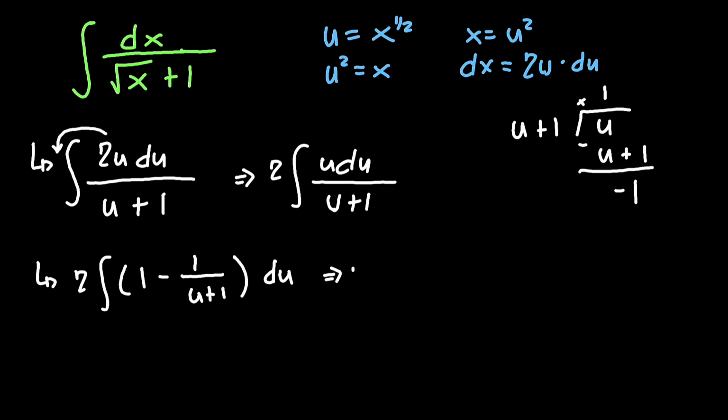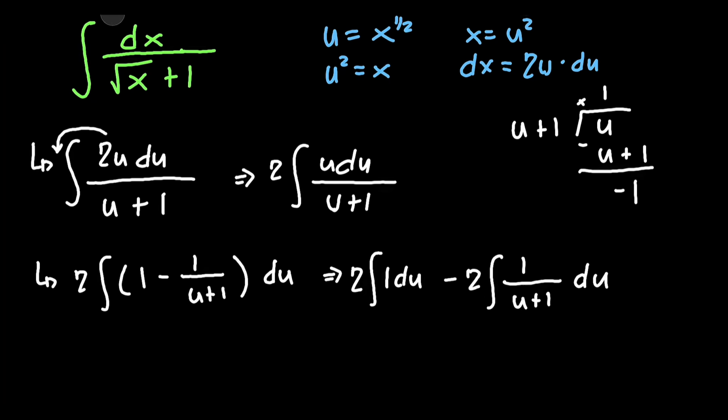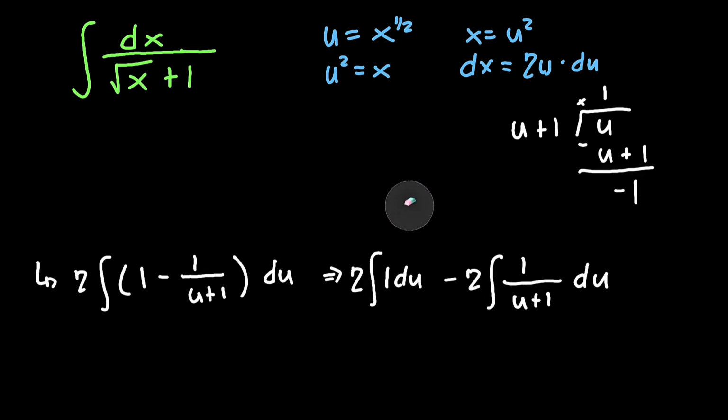So it would become 2 multiplied by the integral of 1 du minus 2 the integral of 1 over u plus 1 of du. Let me just make some space. So, let us first focus on this. The integral of 1 du is simply u. So, it would become 2 multiplied by u minus the integral of 1 over u plus 1 of du.